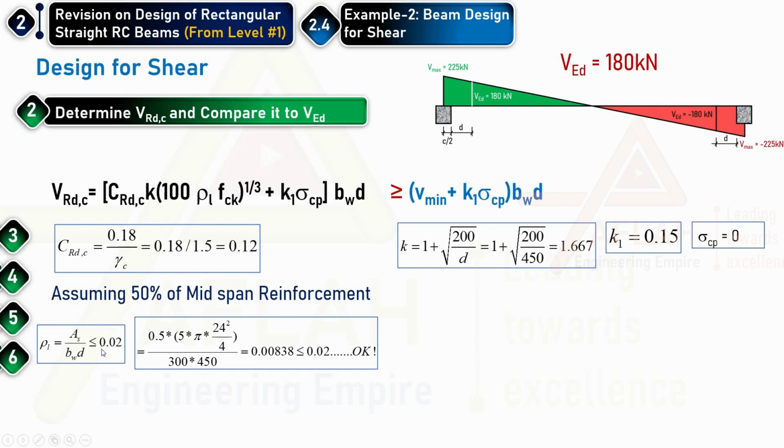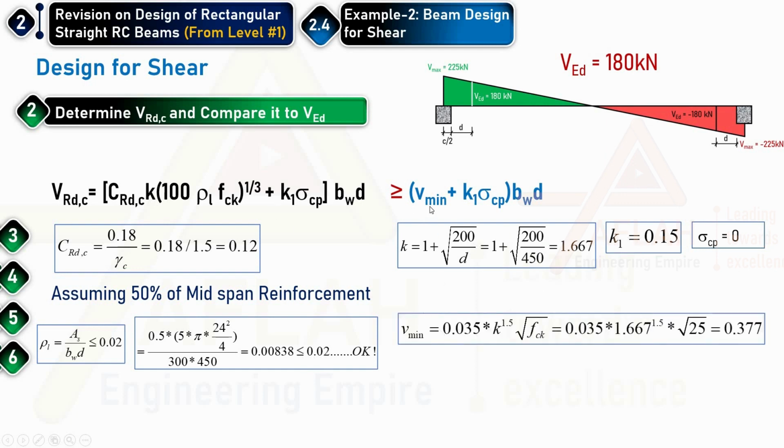Now this ratio gives me this divided by this. I will get 0.00838. You have to check and make sure that it is less than 0.02. So this is the maximum ratio.